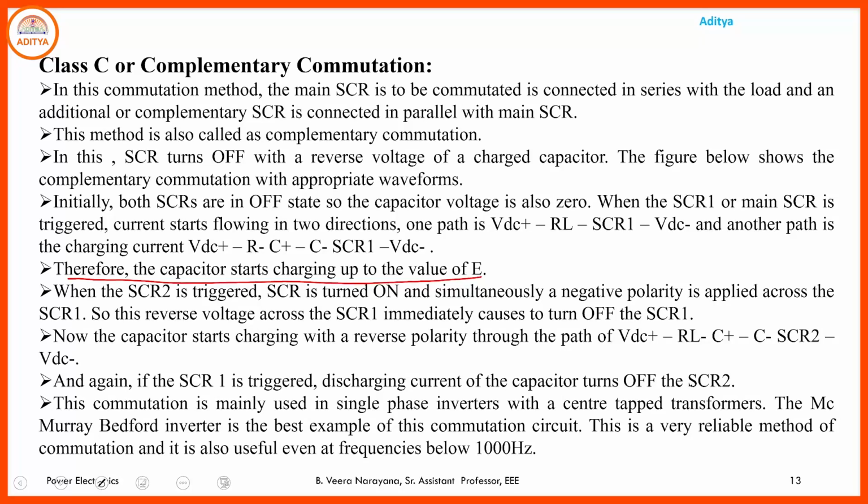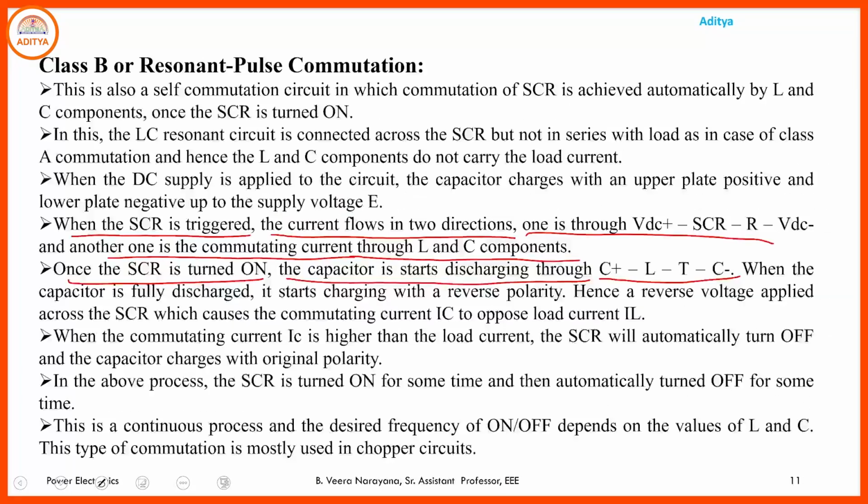When the SCR is triggered and the capacitor is fully discharged, it starts charging with reverse polarity.